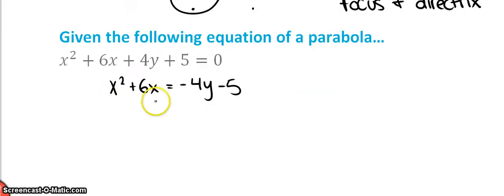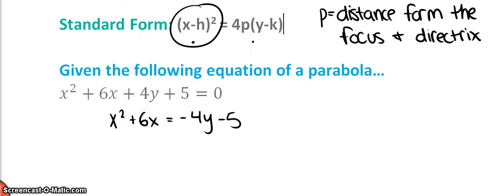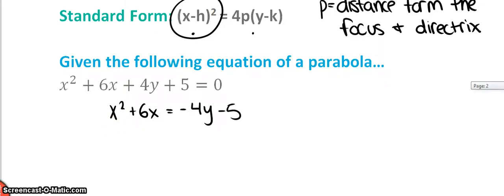So on the left side, we can create something that's factorable. How do we create something that's factorable and at the end looks like a binomial squared? Hopefully you're all thinking complete the square, because that's exactly what we're going to do here. Now, I'm not going to spend a lot of time reviewing completing the square. If it's something you do not remember, take a look at my website for an instructional video on how to do that.